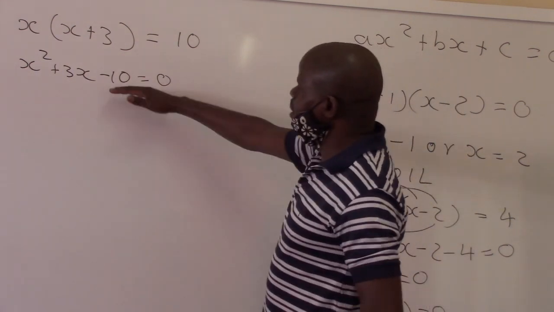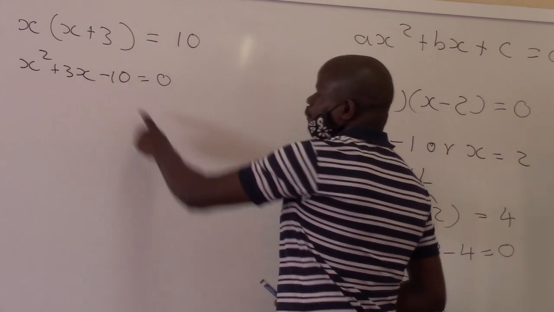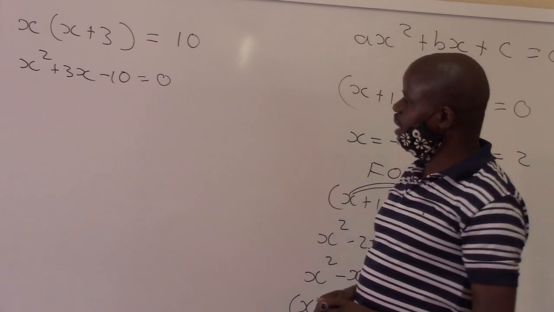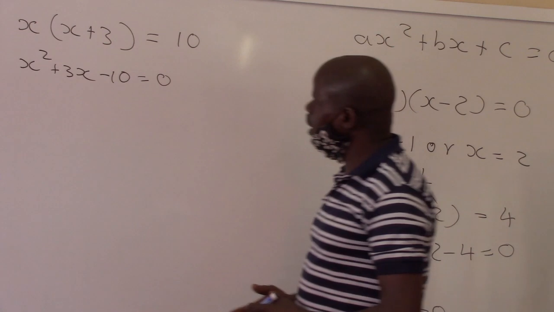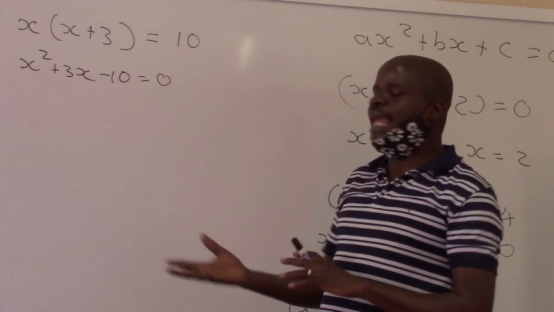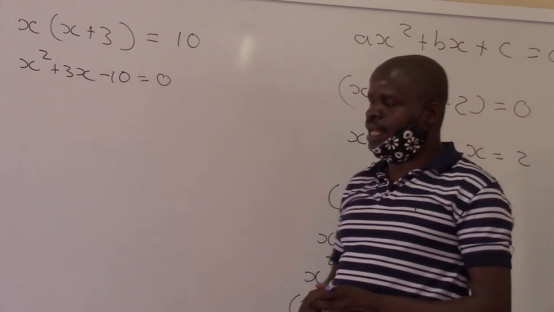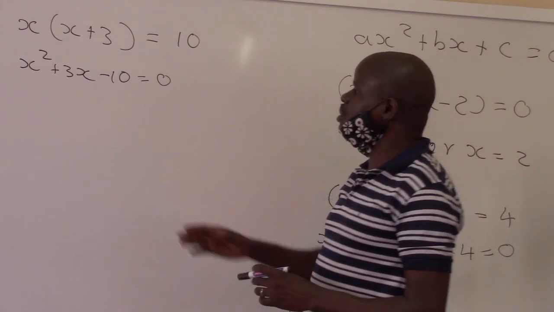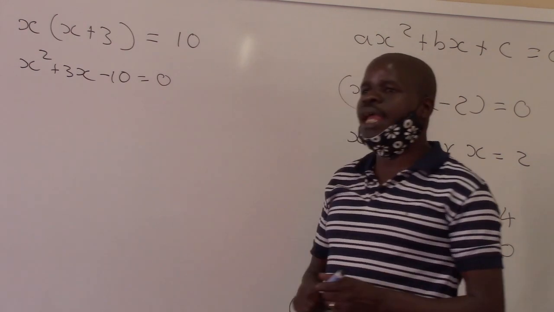Then when it's in standard form, we look at the sign of our constant, the sign of the last term. That sign is negative, so it means our factors are going to be negative and positive, so that when we multiply, it will give us negative 10. The pairs of factors of 10 are 1 and 10, and also 2 and 5.